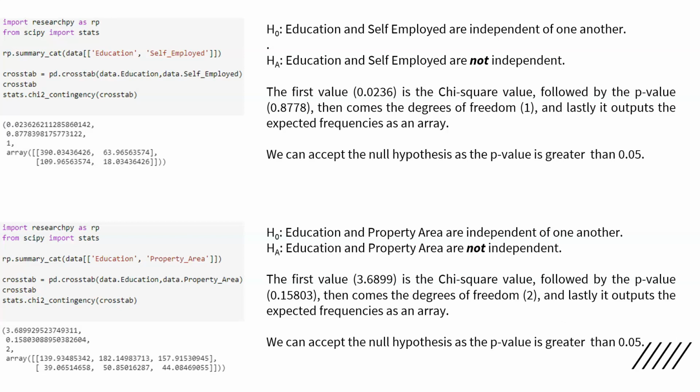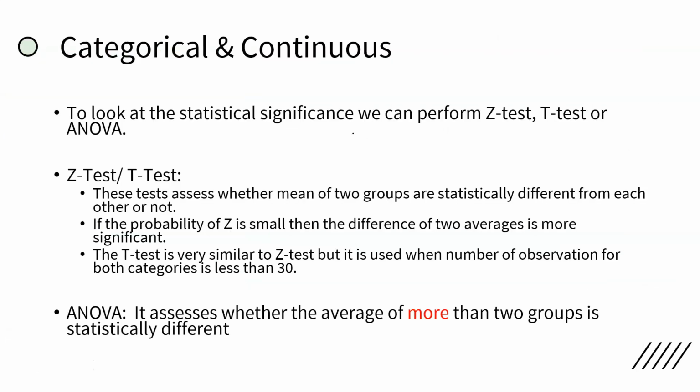If it is greater than 0.05, we can conclude that there is no relationship between the two variables, right? So for this, we are using the concept of hypothesis testing, which I explained a little earlier in this session. Clear?